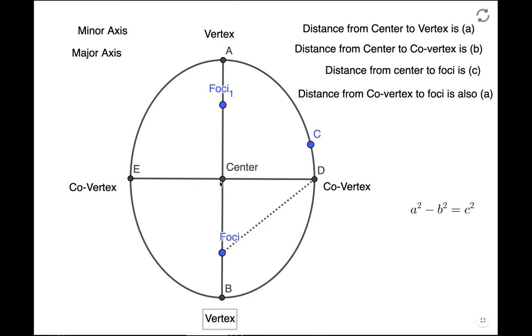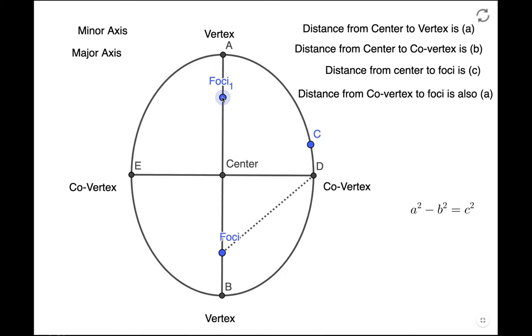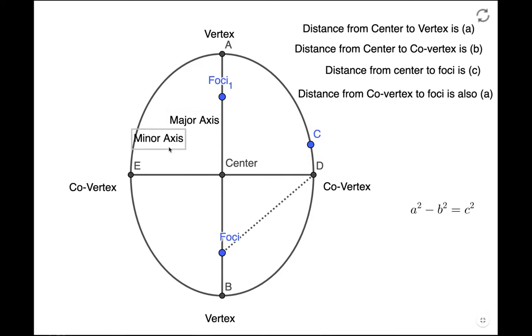So you can elongate it up and down, or left and right. In fact, you could even do it slanted. That's a lot more difficult. We won't talk about slanted ellipses. We're just going to talk about the major axis either being vertical or horizontal. So now I have my major axis as a vertical axis, my minor axis as the horizontal axis.